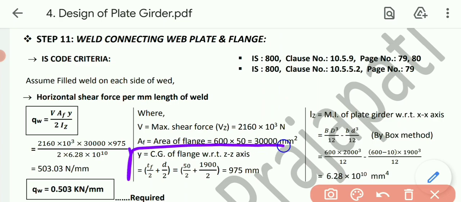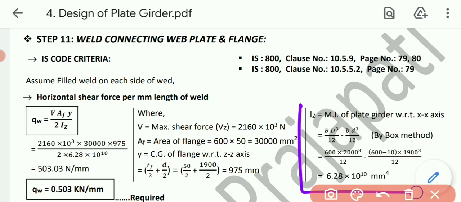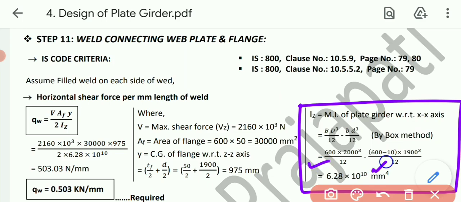See, Y, as I told you, 1950 by 2, that is 975. I, by the box method, 600 into 2000 cube by 12 minus (600 minus 10) into 1900 cube by 12, so 6.28 into 10 raised to 10 mm raised to 4.